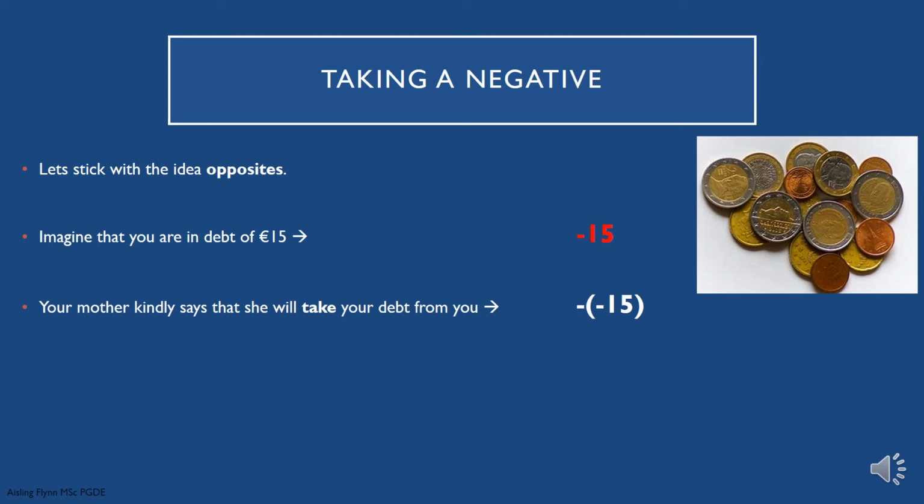So she is taking or minus a negative 15. So we see minus 15. So all of a sudden, you are now 15 euro better off than when you began. So you end up with plus 15. Whatever your situation was, you are now 15 euros better off.